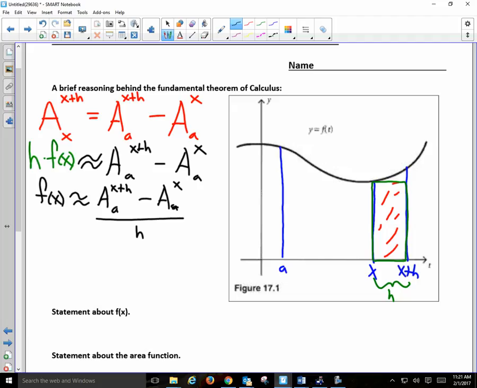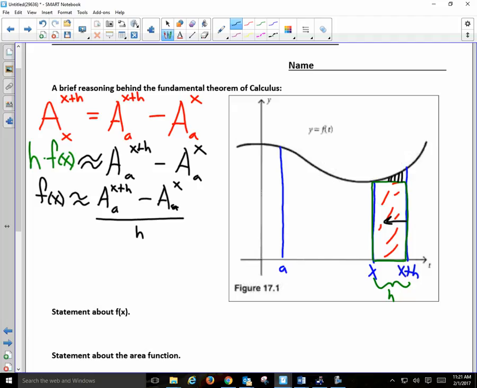And finally, I'm going to do one more thing. See right now that I have an underestimation with my area? Would you agree that as I draw X plus H closer to X, that underestimation will become smaller and smaller, and that they will become more like one another? Well, I want to draw those closer together.